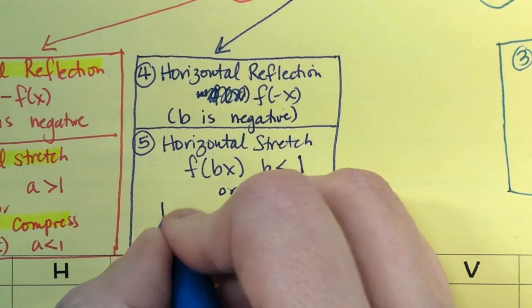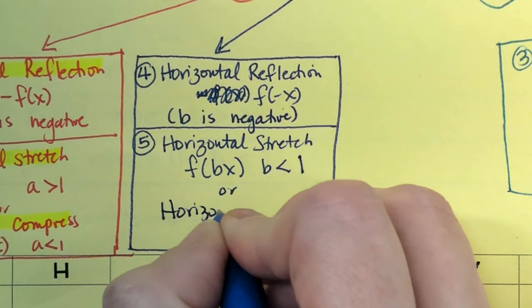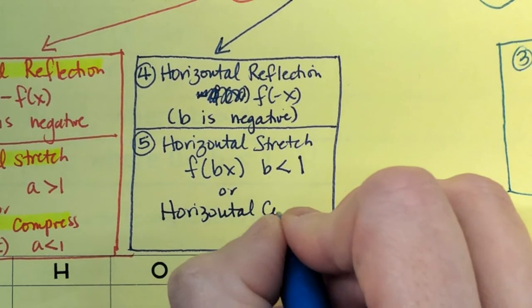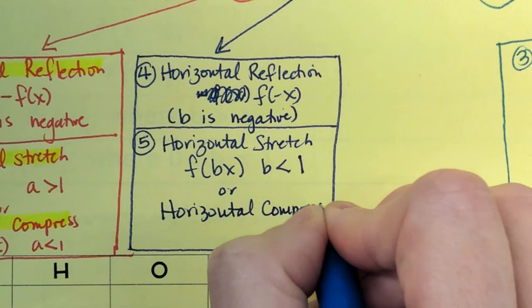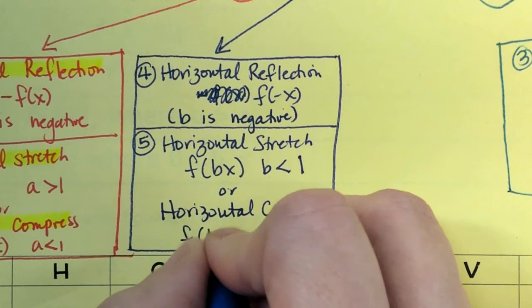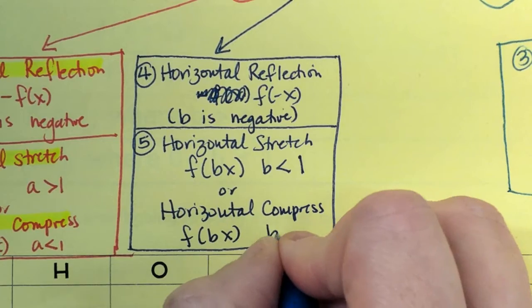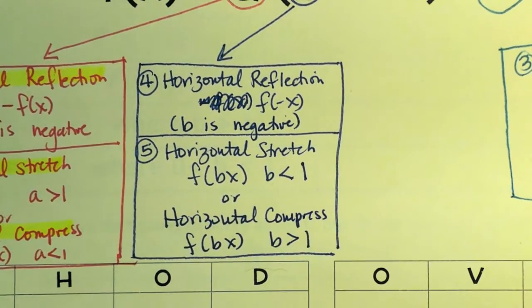Or we could have a horizontal compression, also f of bx, but this time b is greater than 1.